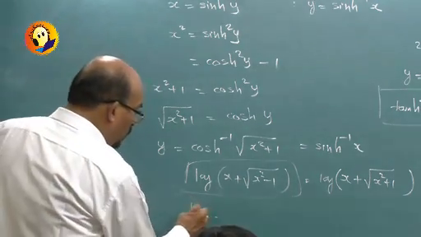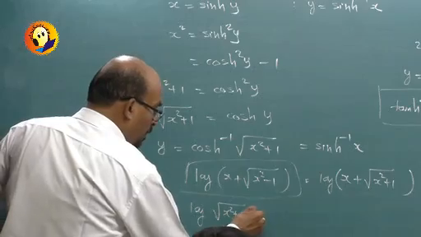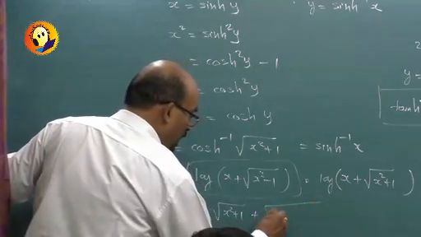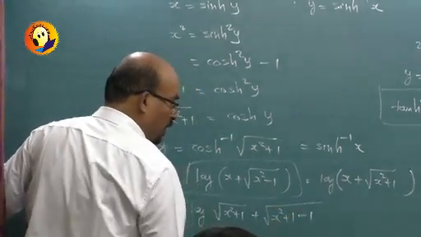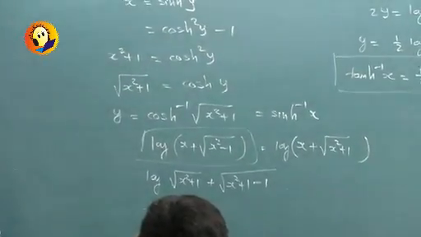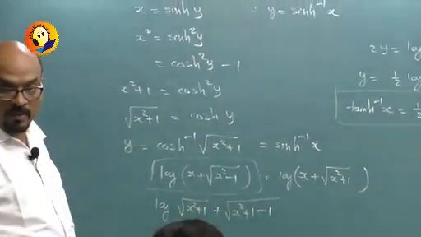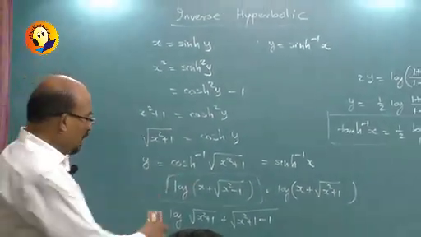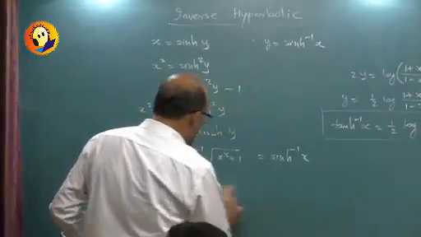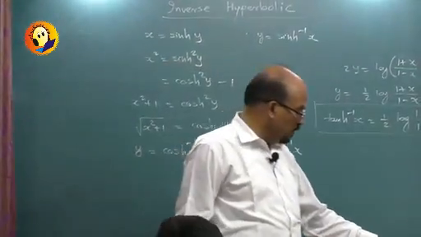So if you substitute, it becomes log of root of x square plus 1 plus under root of x square plus 1 minus 1, and it leads to the same thing. And that's why this relation is important. Okay, they ultimately are just the same, but we want the relation between the inverses, sin inverse and cos inverse.